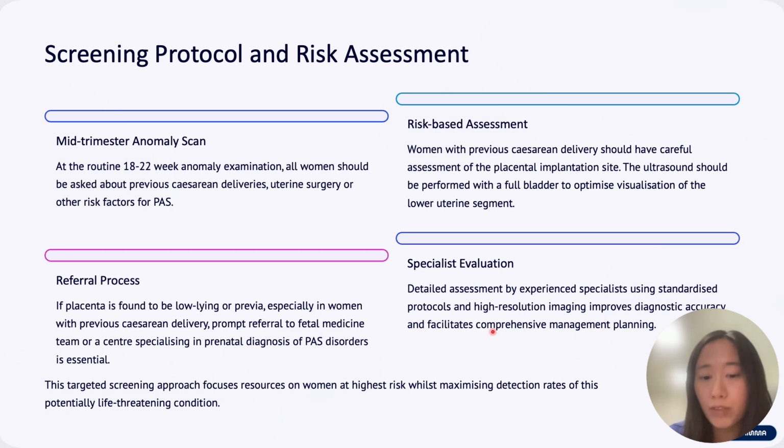And then we can have comprehensive management planning. So this targeted screening, by asking the woman a little bit more history, doing a focused risk assessment, and then referral and evaluation, will use our resources more focused on the women with highest risk while not compromising the detection rate.